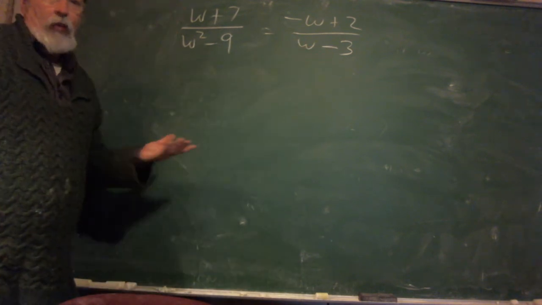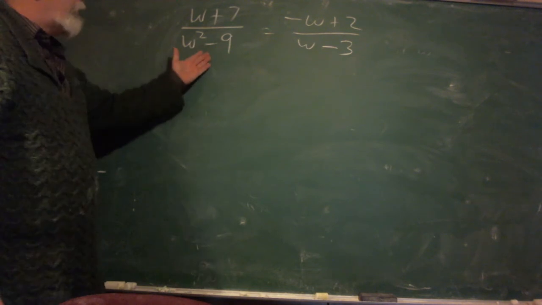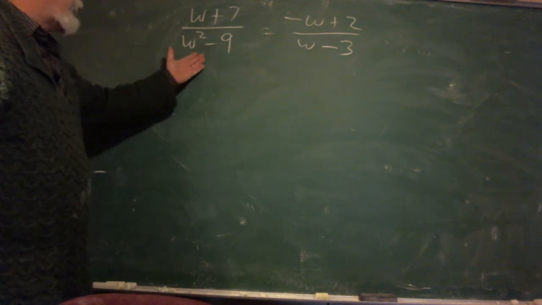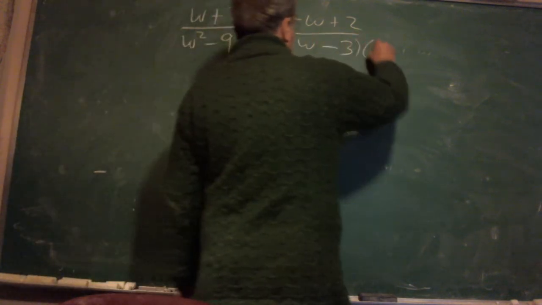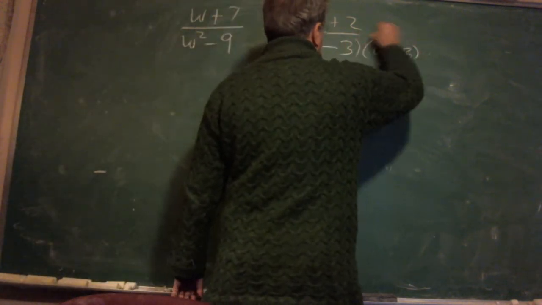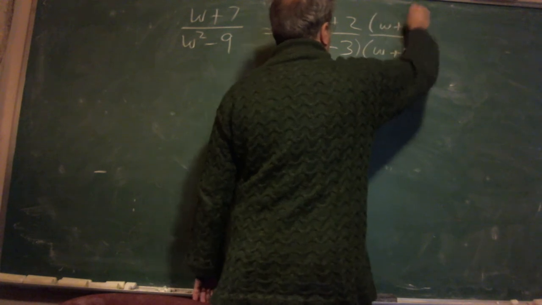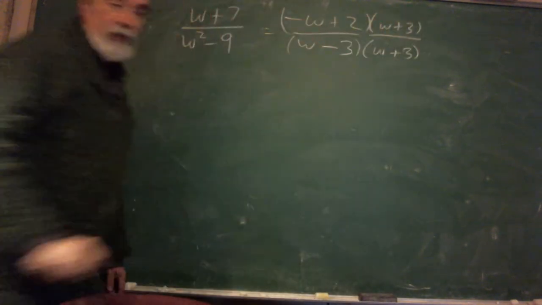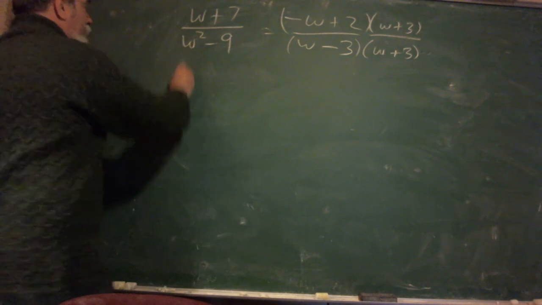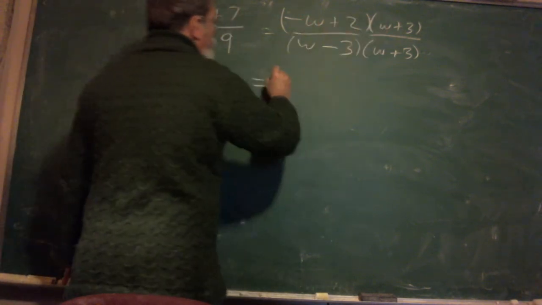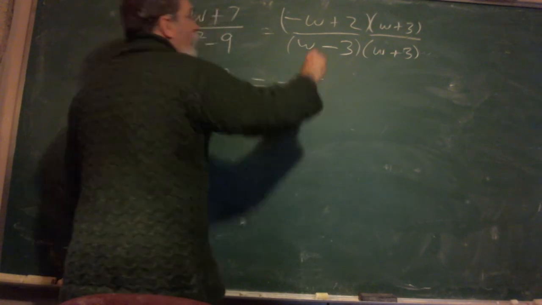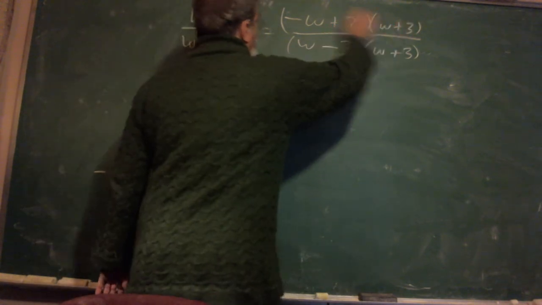Now, that's a work saver for you guys, because the common denominator is still w plus 3 times w minus 3. This time, this side needs a w plus 3 in order to have a common denominator with the left-hand side. So this side becomes w plus 7, and that's equal to negative w squared plus 2w minus 3w.